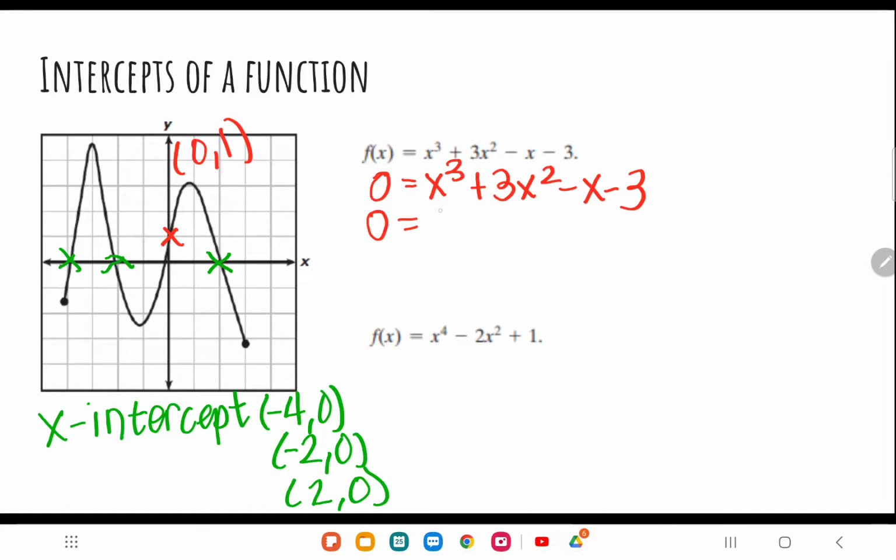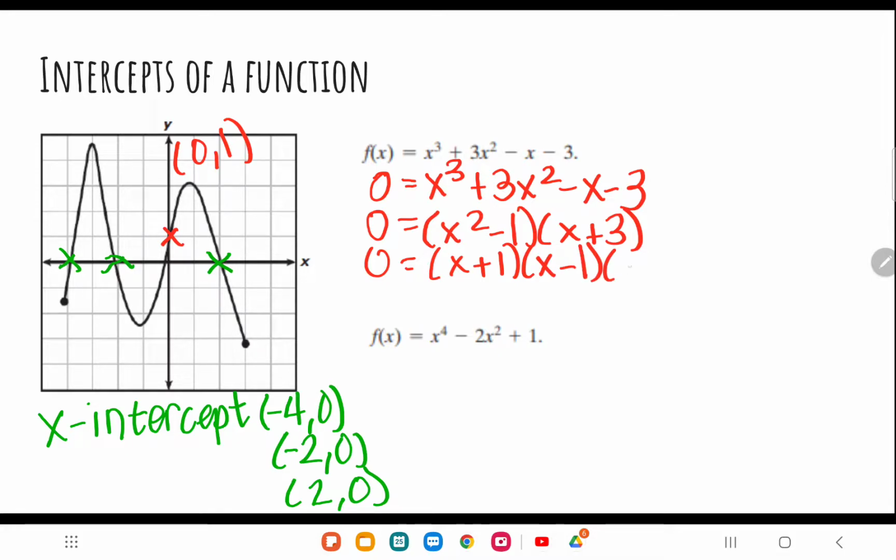This will factor as x squared minus 1 times x plus 3, or x plus 1 times x minus 1 times x plus 3.